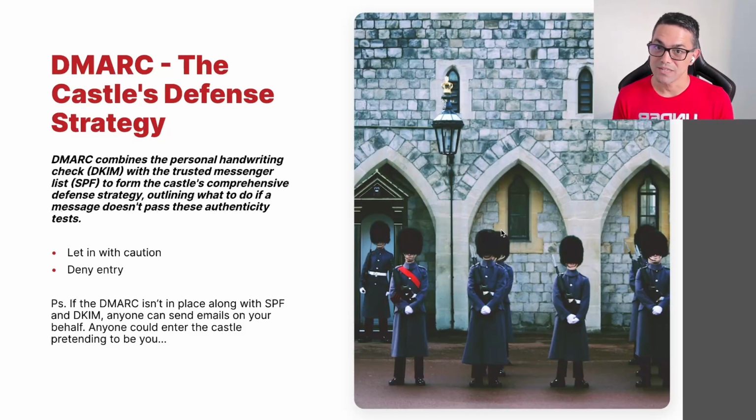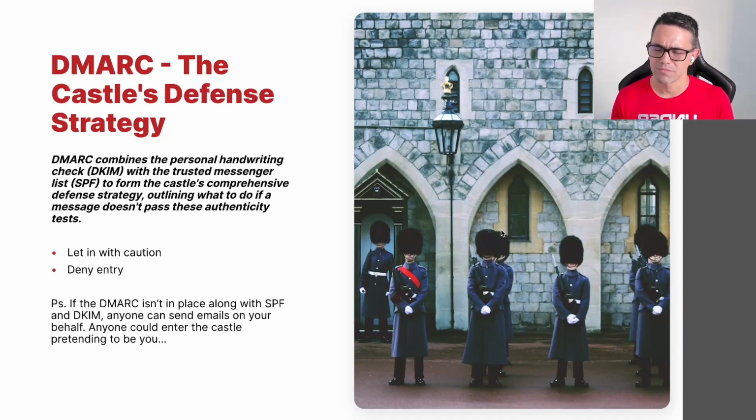Number two, we have SPF, and we check if the messenger that has been hired to send the letter to the castle is in the trusted messenger list. That's the second thing. And then the third thing is DMARC. DMARC will get those two together, checking and verifying what will happen depending on the outcomes of the authentication.